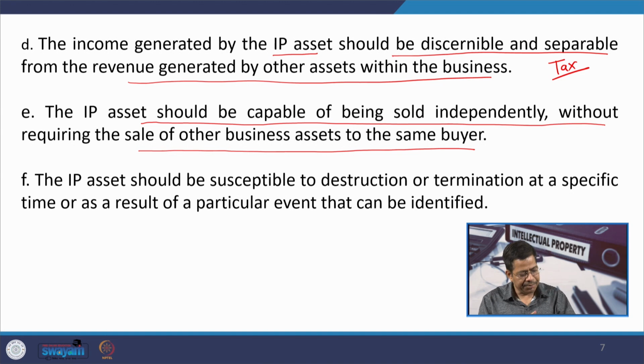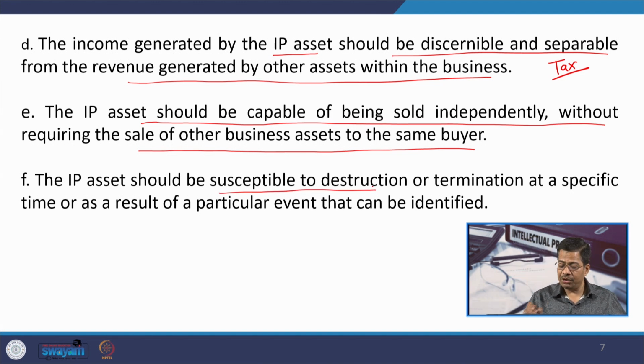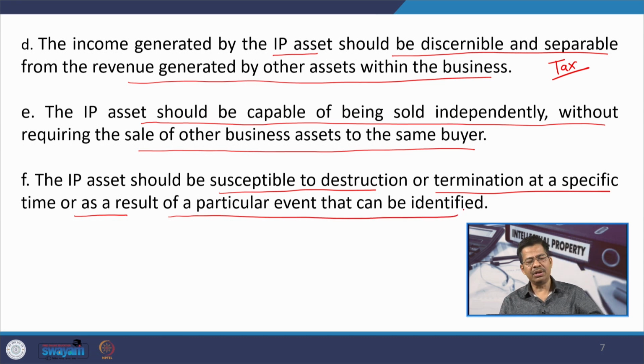The IP asset should be susceptible to destruction or termination at a specific time or as a result of a particular event that can be identified. You know that almost all IPs have a particular life, and not only that, to maintain those IPs, you have to pay annual maintenance charges, renewal charges also.